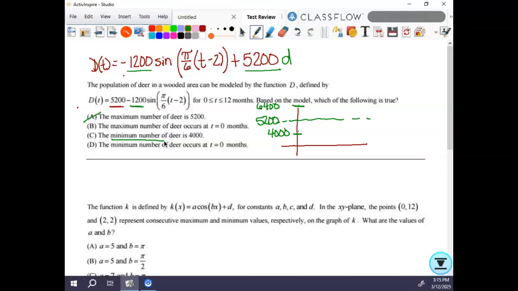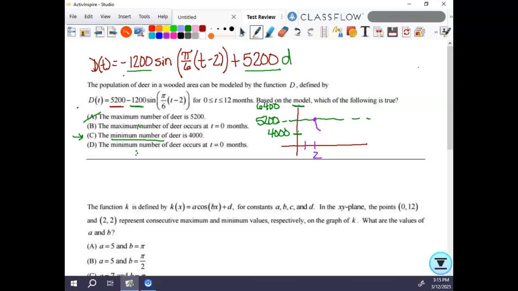Okay. And then it talks about the maximum and minimum occurring at t equals 0. Well, so I like C, but let's talk about B and D. I have a shift here, and these are months. So if I look at, this is 2 right here, and that is sine. Sine starts on the midline, and then this is negative, so it would go down first.